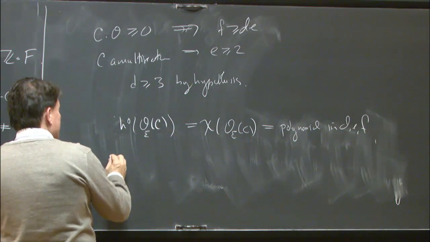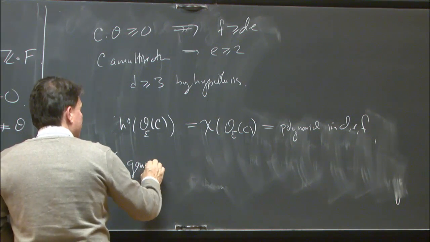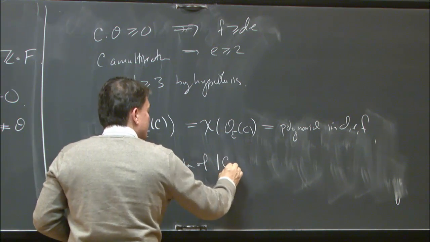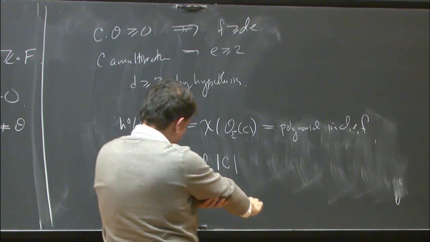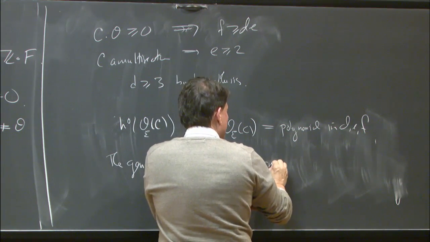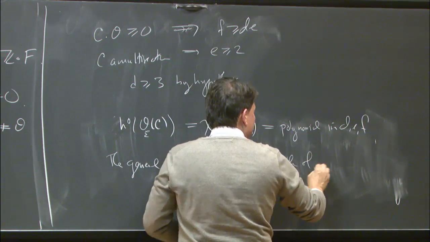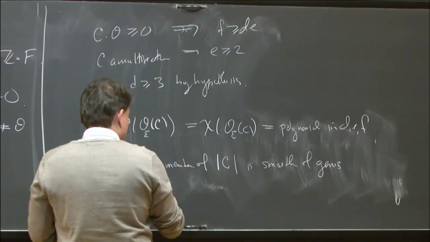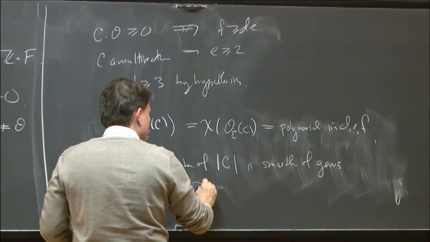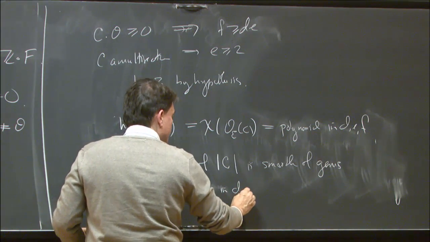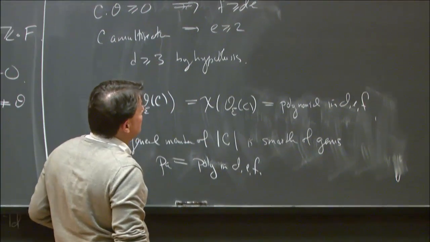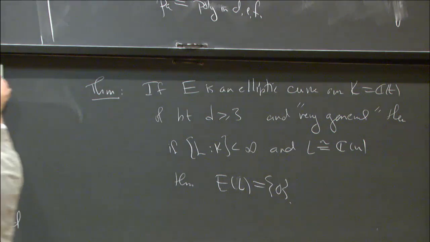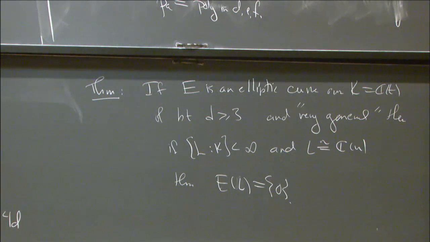And you can calculate that the general member of the linear series C, so the set of curves which are linearly equivalent to C, is smooth of genus, again, some number that you can calculate, the arithmetic genus. This is some other polynomial in d, e, and f. And then you look at the difference between those things, which is an interesting number to consider here.